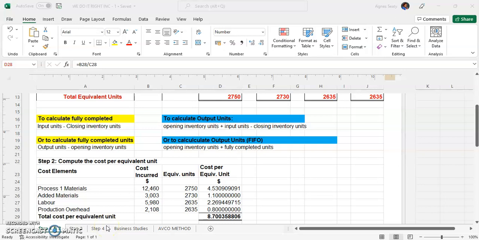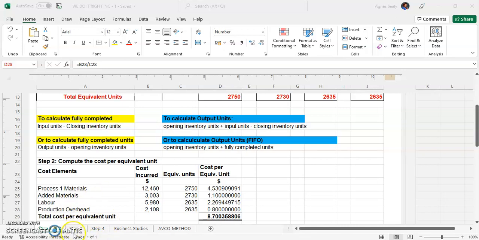Since we have completed step 2, we are now going to move on to step 3, where we are going to evaluate the cost of our inventory units, or in other words, value our inventory units.